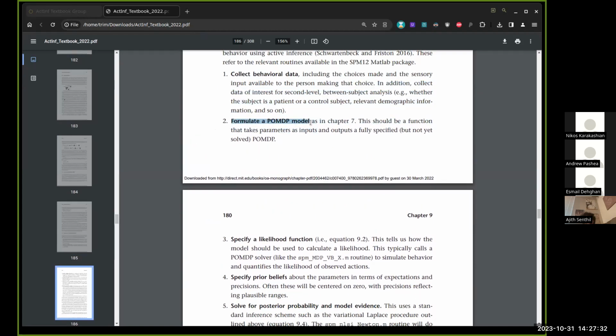Step 2, formulate a POMDP model. If you're using a discrete time setting, which is kind of how they're going to do it, they're not going to template this with a continuous time model. So we get a fully specified but not solved POMDP, so a structurally described but not parameterized POMDP.